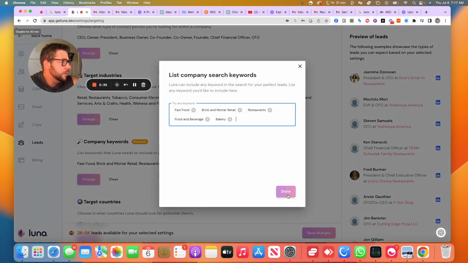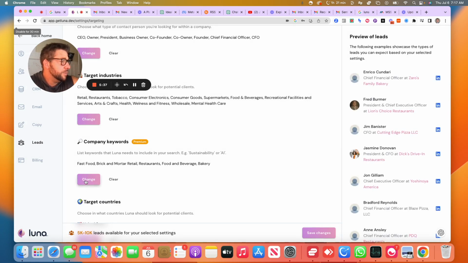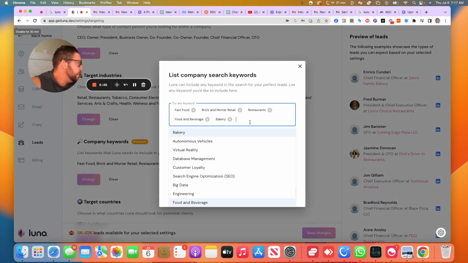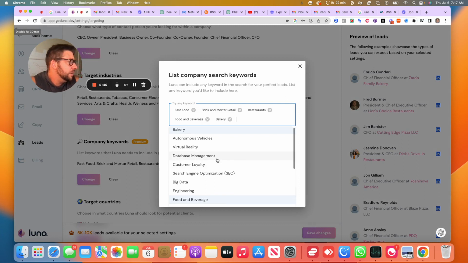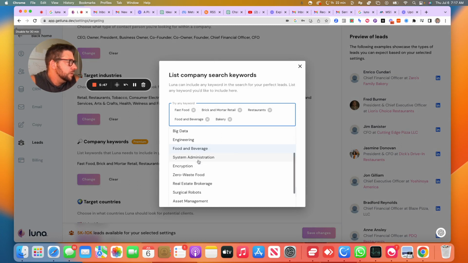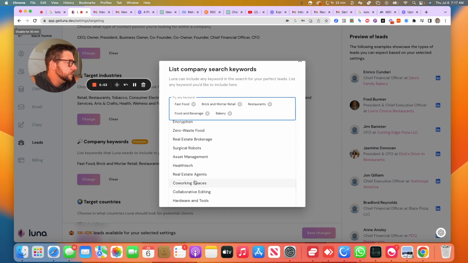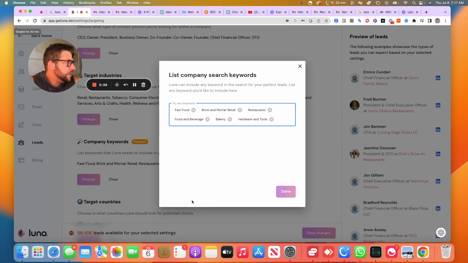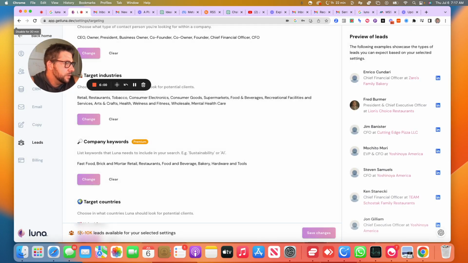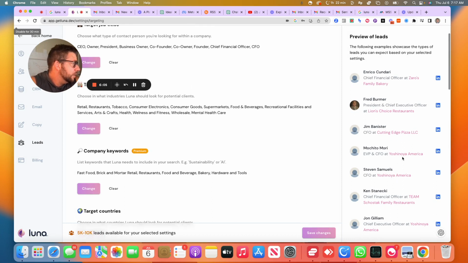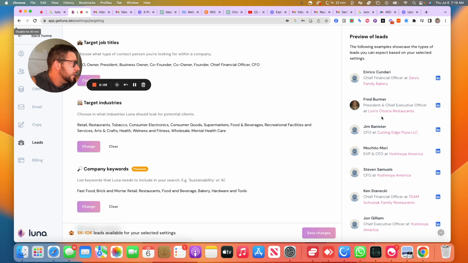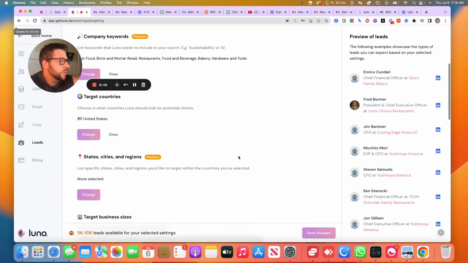Bakery. There we go. That's better. That actually says a lot. Why though? Cutting edge pizza, Lion's Choice restaurant. Hardware and tools. That actually could work for our space. Let's see what that does for us. And it's much more to work with. Okay. Cutting edge pizza, Lion's Choice restaurants, family. Let's work with some of these.